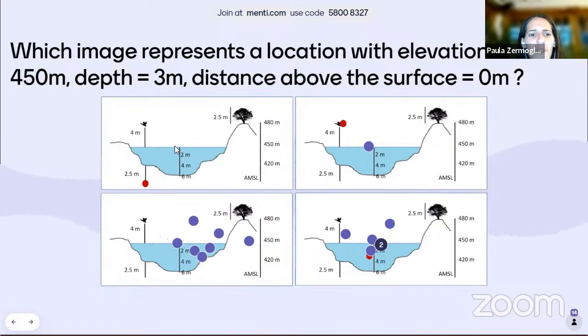In this case, the elevation in this first spot is actually 450 meters, even though it doesn't look like it, because it looks like it's down here. What we take to refer the elevation is this surface. Our reference is this surface here, the surface of the water. So this surface of the water is at 450. And so the elevation is still 450 for this one.